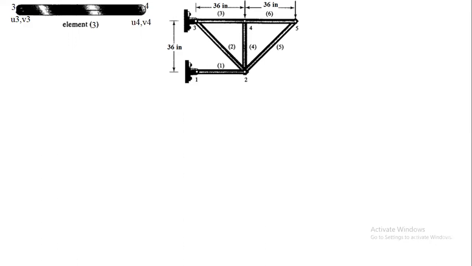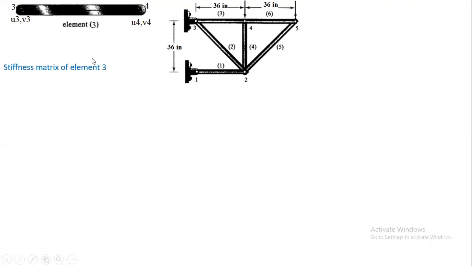Now here it is u4 v4, which means the seventh row and eighth row, seventh column and eighth column. Okay, in between that, on the seventh to eighth row and seventh to eighth column, you have to add the coefficients of the stiffness matrix of the third element.